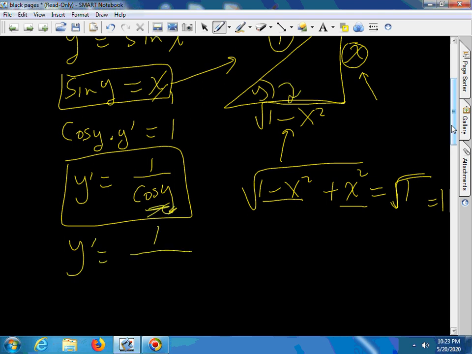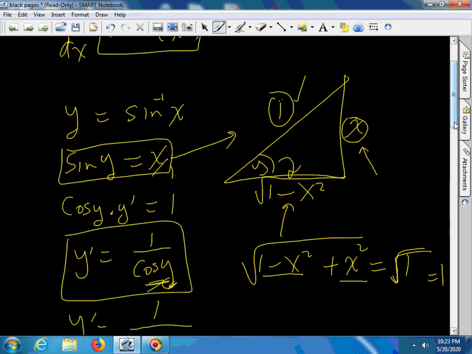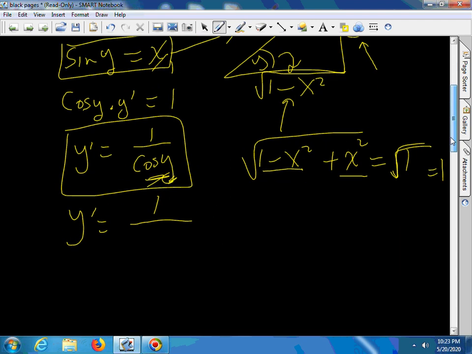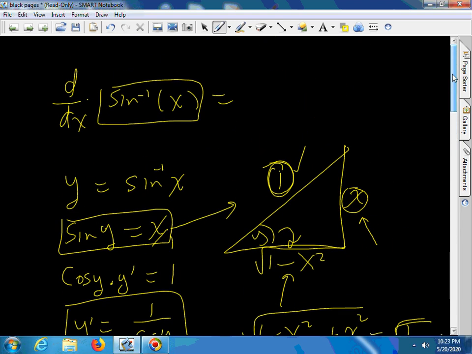Cosine of y is adjacent over hypotenuse. It is 1 over the square root of 1 minus x squared. And I can forget this formula all day long. I never have to remember this formula. Why? Because I know how to derive it. It equals 1 over the square root of 1 minus x squared.